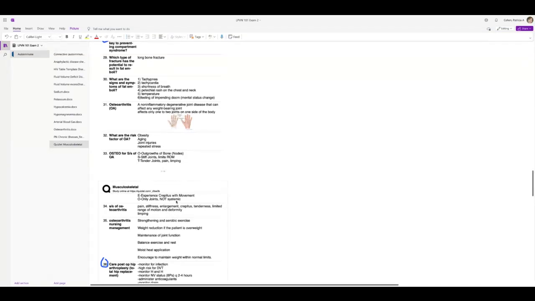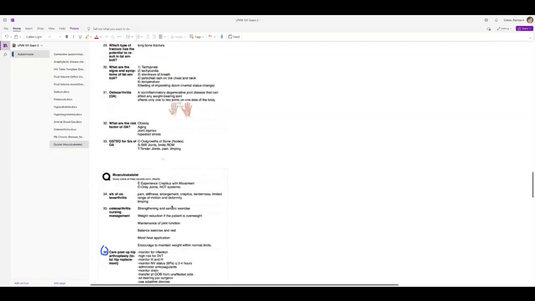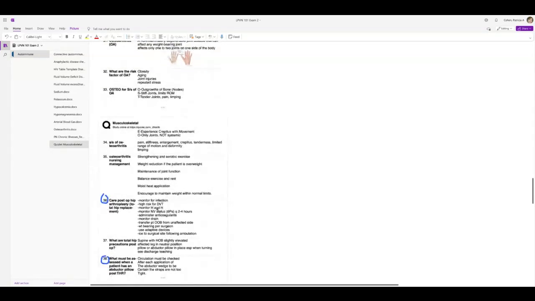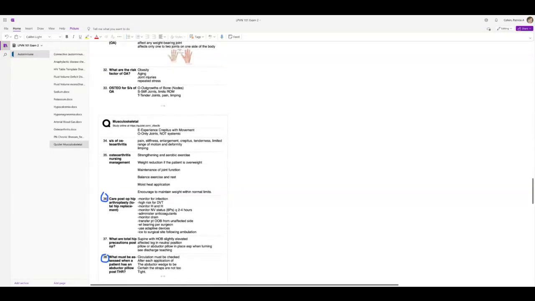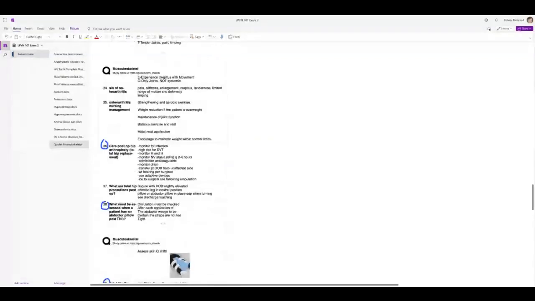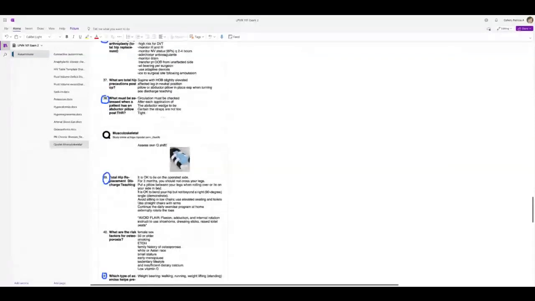So we already talked about osteoarthritis, and we talked about arthroplasty, total hip. Total hip replacement is the surgery with the highest risk of DVT. They have to be on prophylaxis, blood thinners, okay? And I already talked about the abductor pillow.